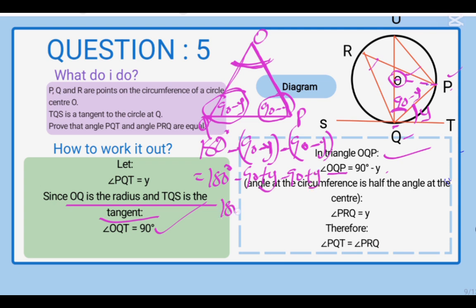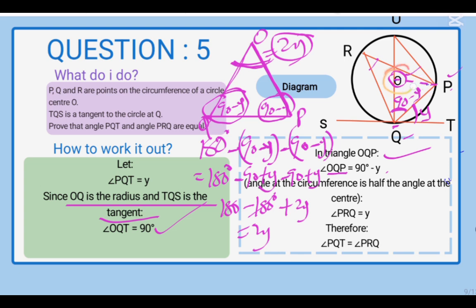So we have 180 minus 90 minus 90, that means minus 180 degrees plus 2y. That cancels away, which means angle O equals 2y.